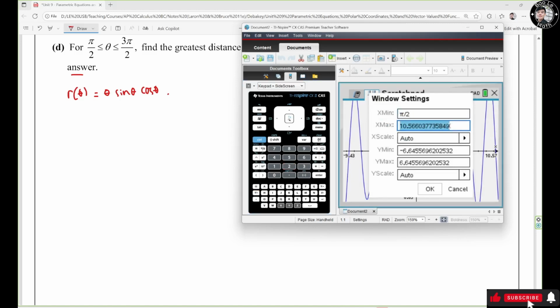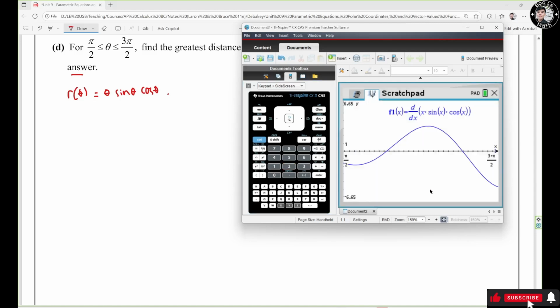S maximum is 3 pi over 2, so it's 3 times pi divided by 2. And I just press OK.